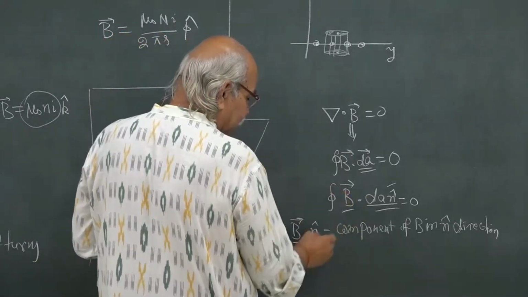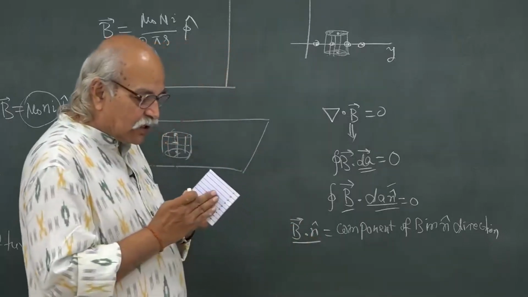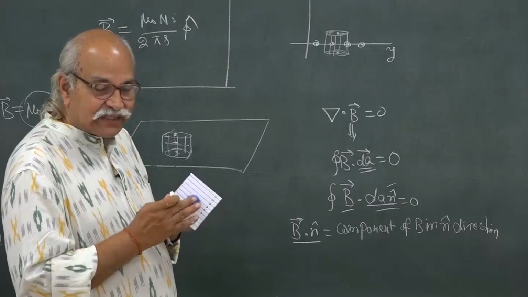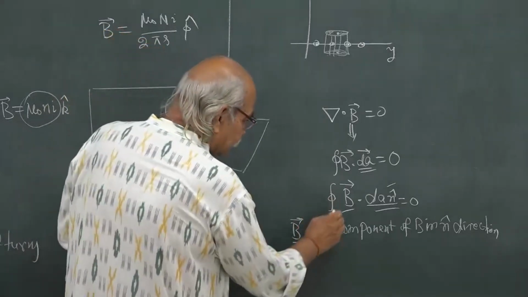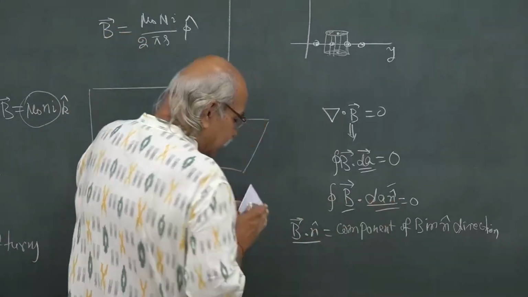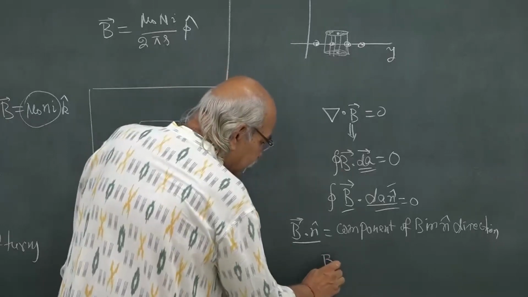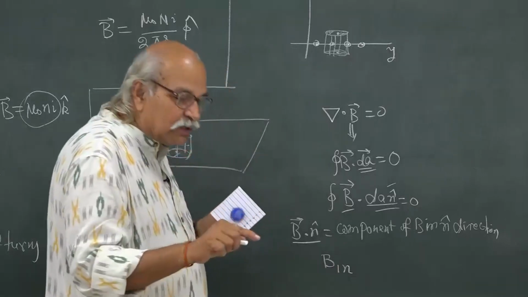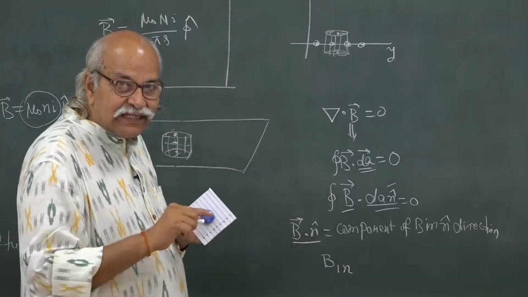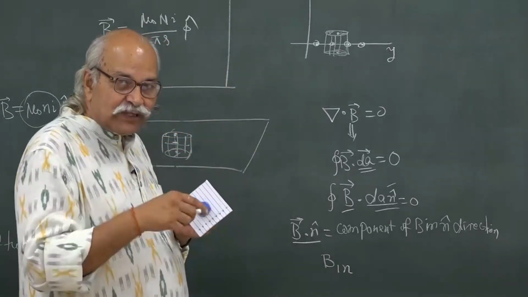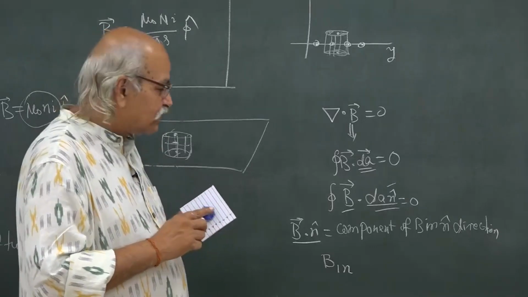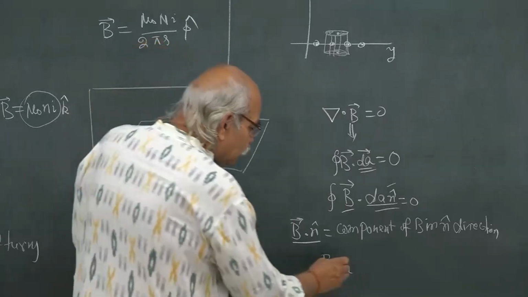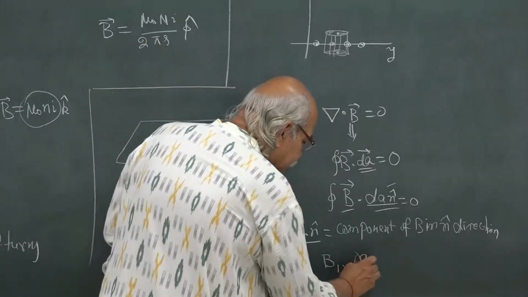This is on the closed surface. Now, on this surface I am trying to write this B dot dA, and this is side 1. So, this part will be B1n, where n means the normal component, and 1 because I am talking of this part. So, this is this part into this area delta A.